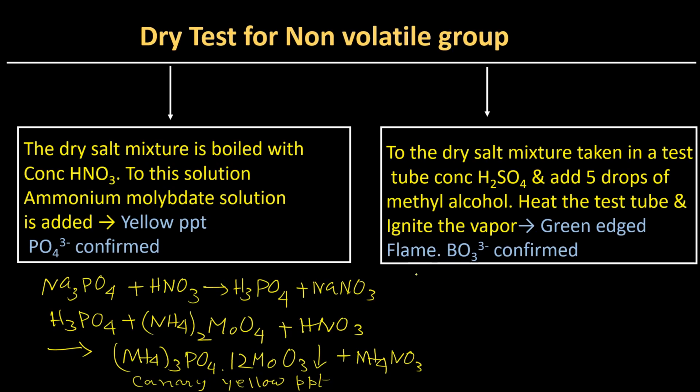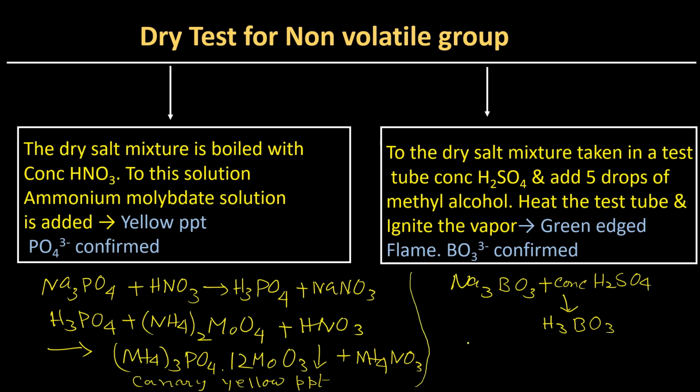Here also, take the borate salt, say sodium borate, plus concentrated sulfuric acid. As usual, boric acid, H3BO3, will form.